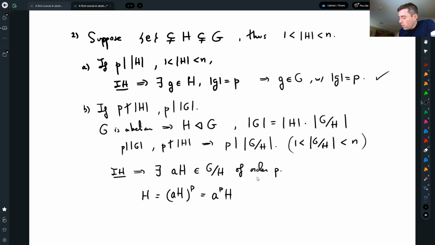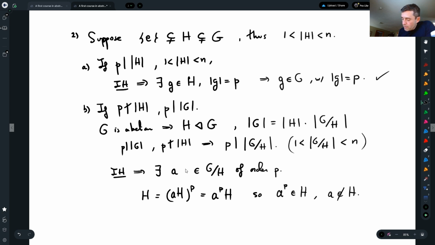So what this means, if this coset is the same as this coset, that means that A to the P is in H. And we do know that A is not in H because AH has order P. If A was in H, then AH would have order 1. So we have those two conditions.